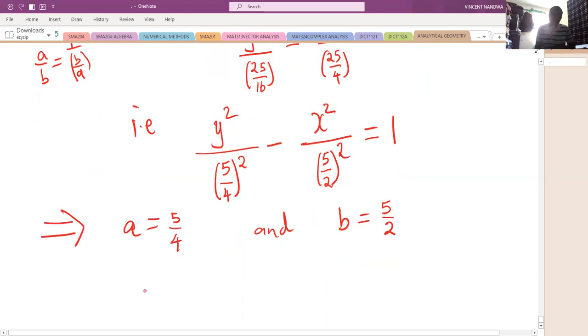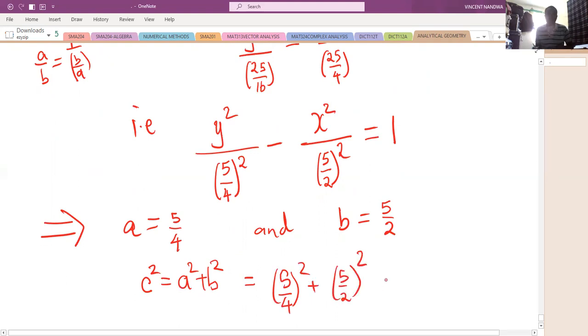I remember c squared is given by a squared plus b squared, which will be 5 over 4 squared plus 5 over 2 squared. So we have 25 over 16 plus 25 over 4.